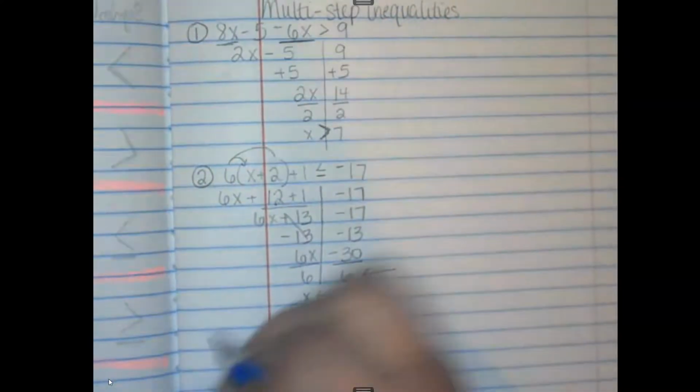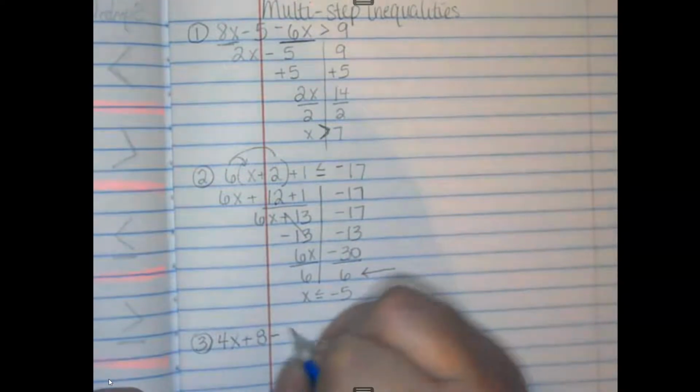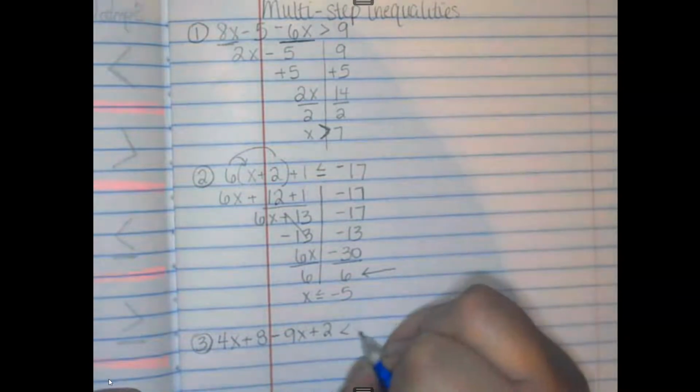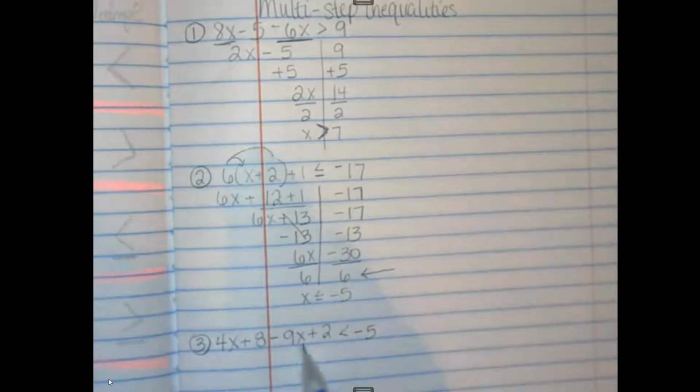All right, let's look at example 3. 4x plus 8 minus 9x plus 2 is less than negative 5. All right, I don't have parentheses, but I do see I have multiple x's. I also have multiple numbers by themselves.